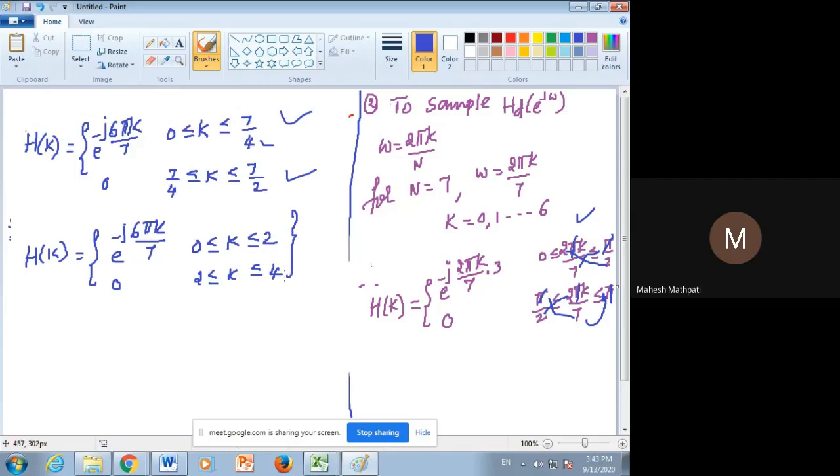Understood this step? Any confusion here? No, sir. Okay. Now let's move to the third step, that is to obtain h of n.